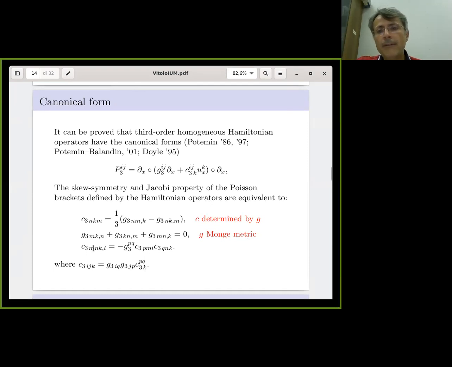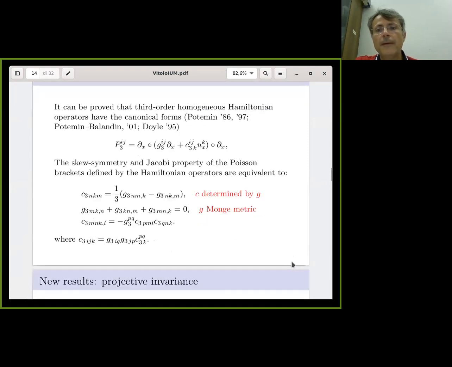And then you have a further constraint. This is a nonlinear constraint, which is essentially a nonlinear equation on G, on the coefficients of G, because C3 can be completely determined by the first order derivatives of G.